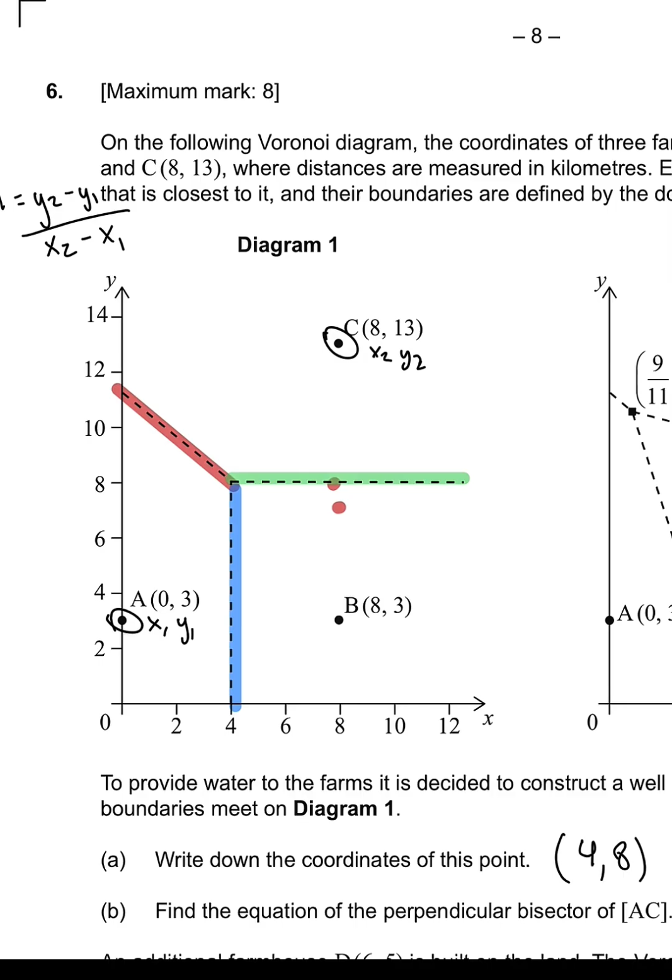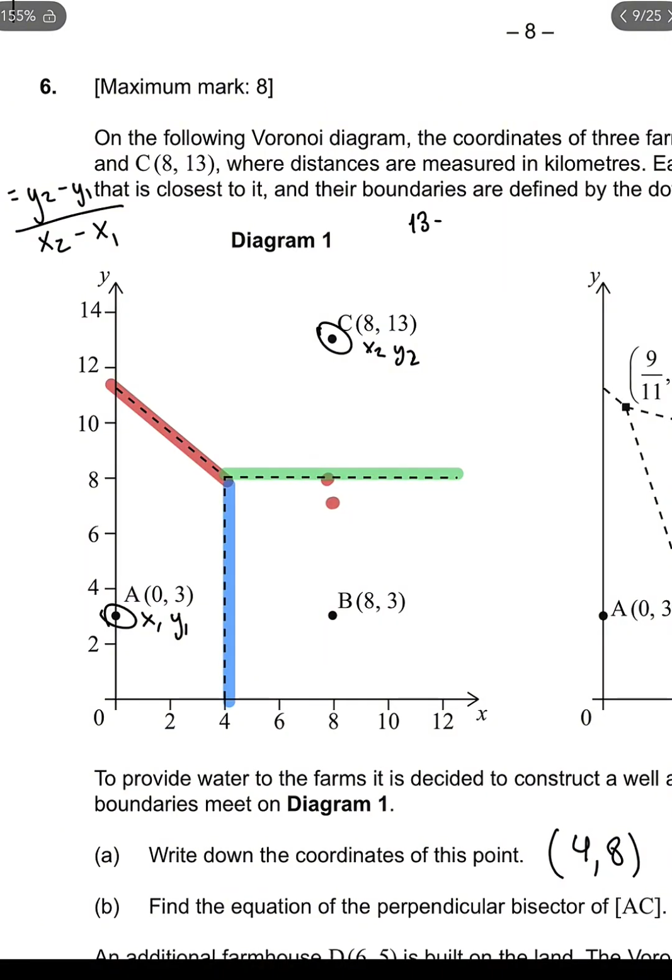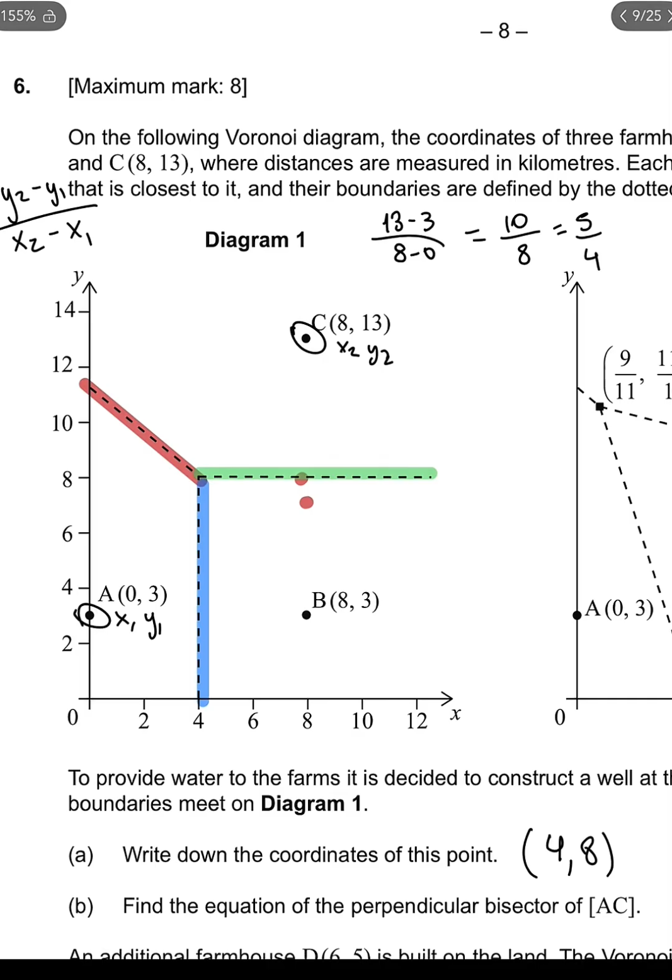If I start plugging in the numbers, I get 13 minus 3 over 8 minus 0, which I can simplify to 10 over 8, and then 5 over 4. So this is my gradient. So m equals 5 over 4.